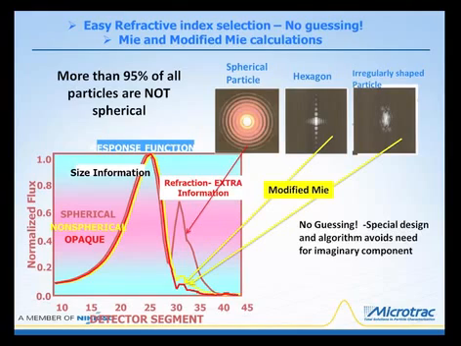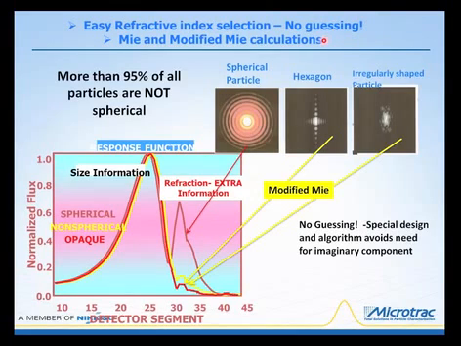Because of these calculations, refractive index selection is very easy. There's no guessing, there's no playing with different refractive indices or anything of that nature to achieve a presupposed particle size distribution.